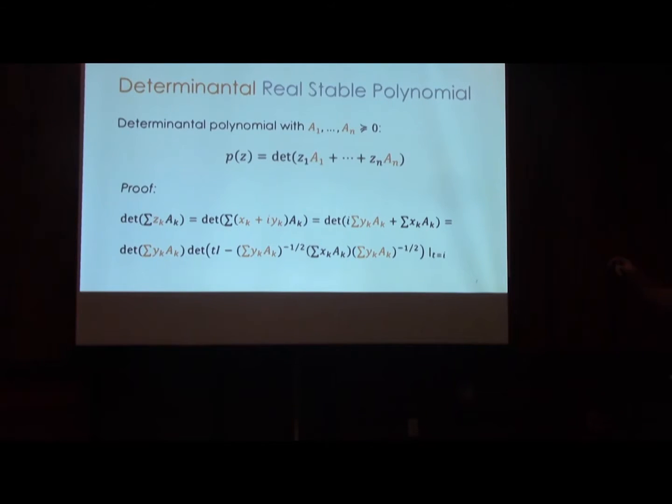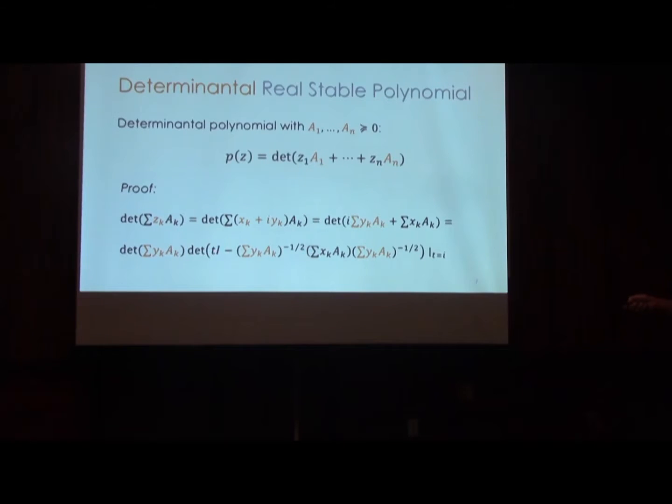I'm cheating a little bit because not every PSD matrix is invertible, but let's say that it was a positive definite matrix, not just a positive semi-definite matrix. Okay? If it was a positive definite matrix, you could just factor everything out, and you would get a characteristic polynomial. And the matrix here is symmetric. And you know that the roots of a characteristic polynomial of a symmetric matrix are all real, right?